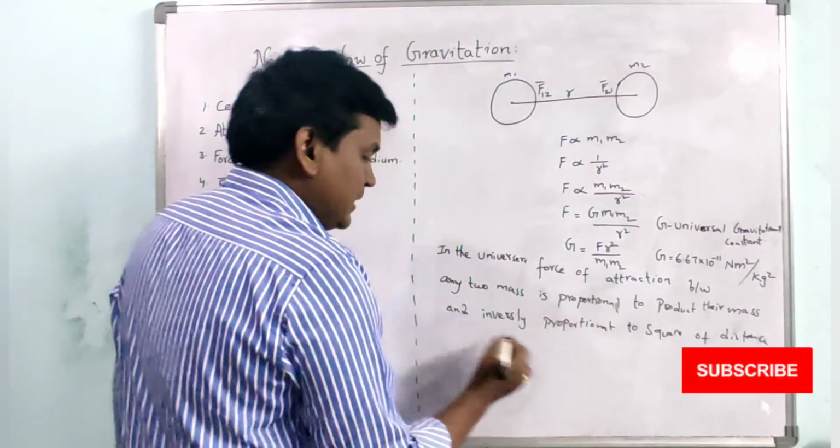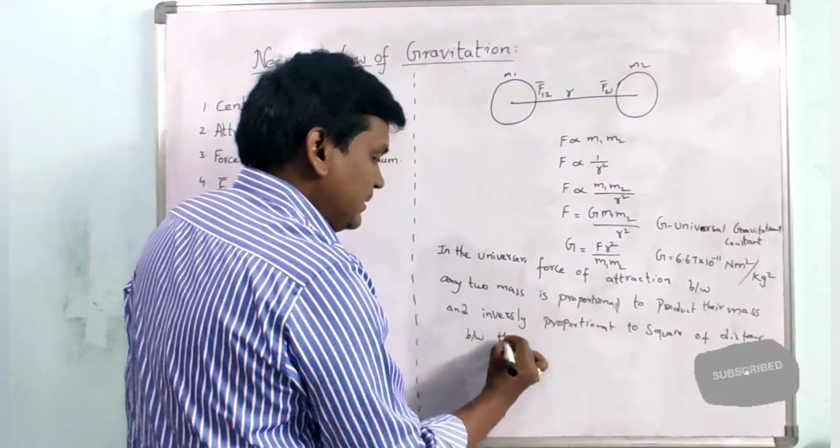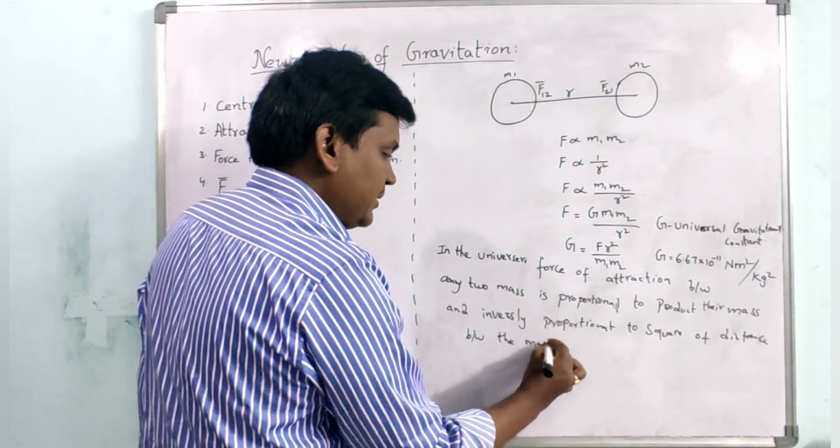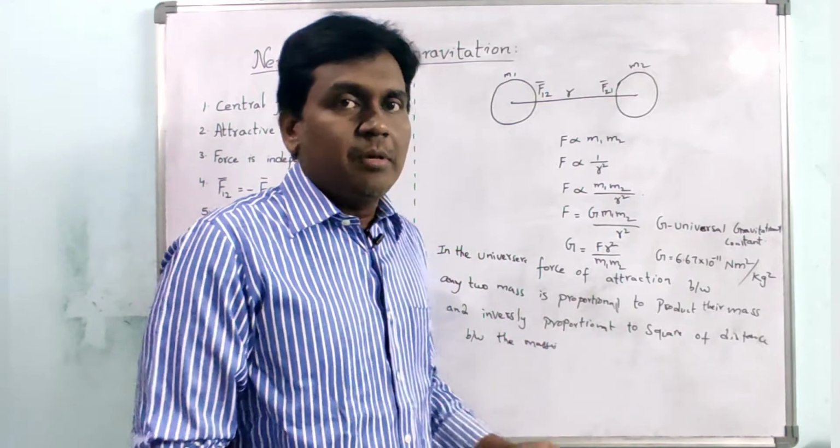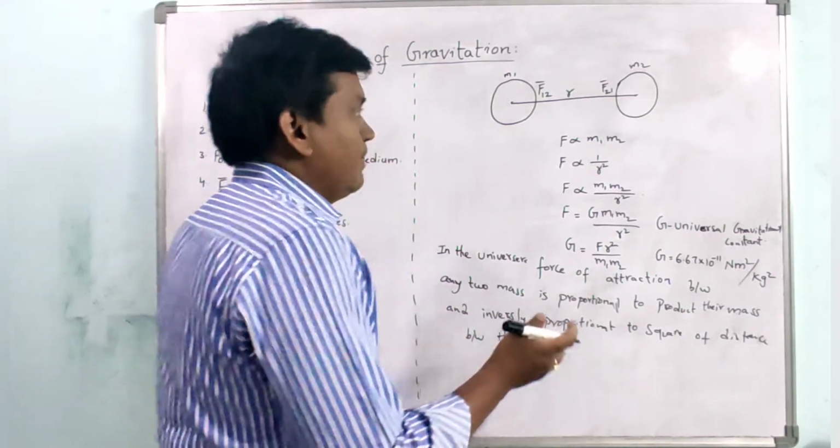So it is directly proportional to the product of the masses and inversely proportional to the square of the distance between the masses.